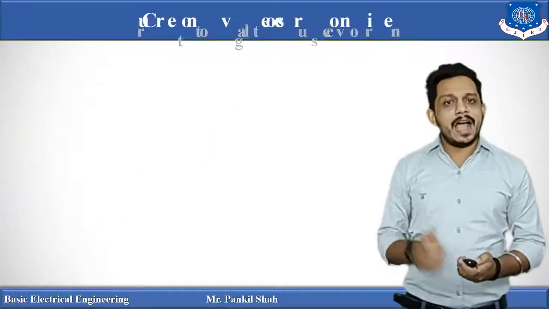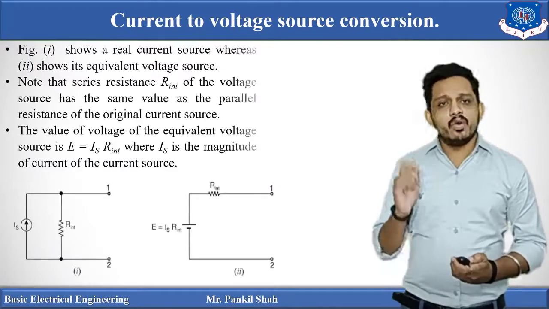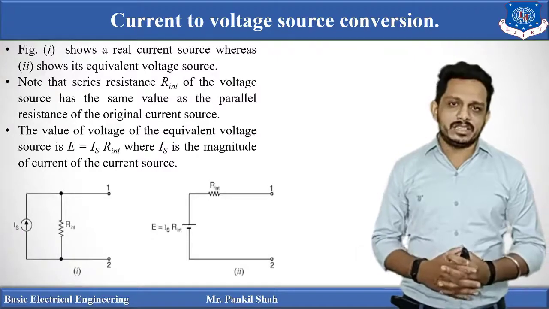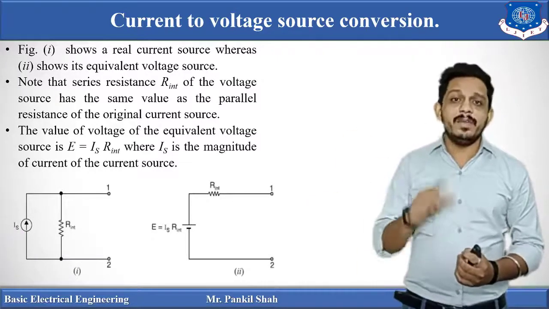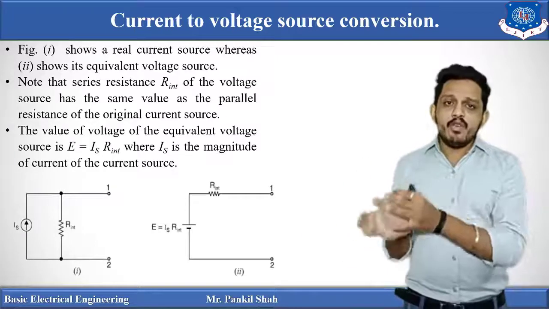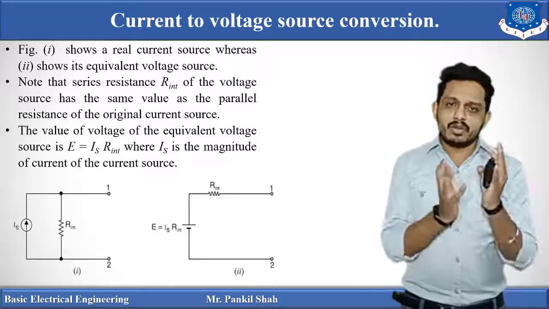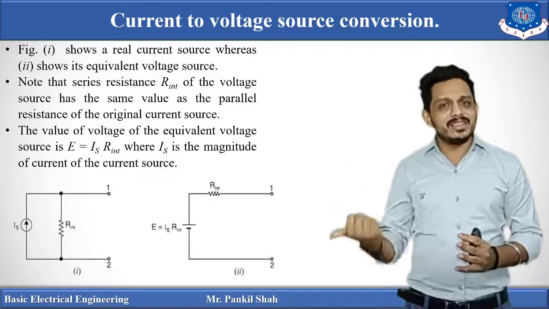Now let's see how we can transform current source into the voltage source. To transform the current source into the voltage source, what we have to keep in mind is that in the current source, one current source will be given and resistance will always be given in parallel. If you want to transform current source to the voltage source, then you have to draw the voltage source and instead of parallel, you have to connect that resistance in series.